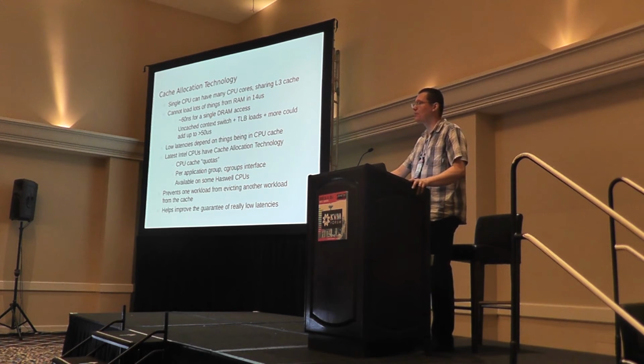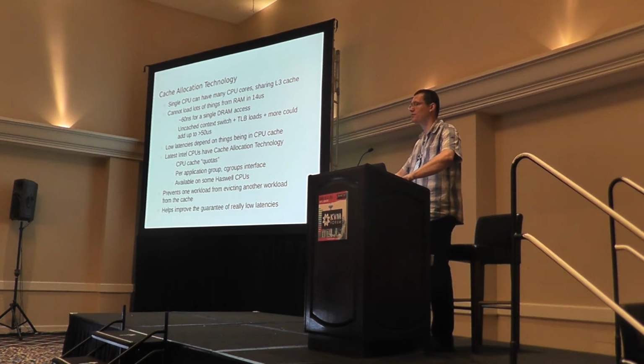You can access a number of things because DRAM latencies are still pretty low. They're on the order of 60 nanoseconds. But if you were to access a few hundred different things from DRAM, you might no longer be able to make your deadline.